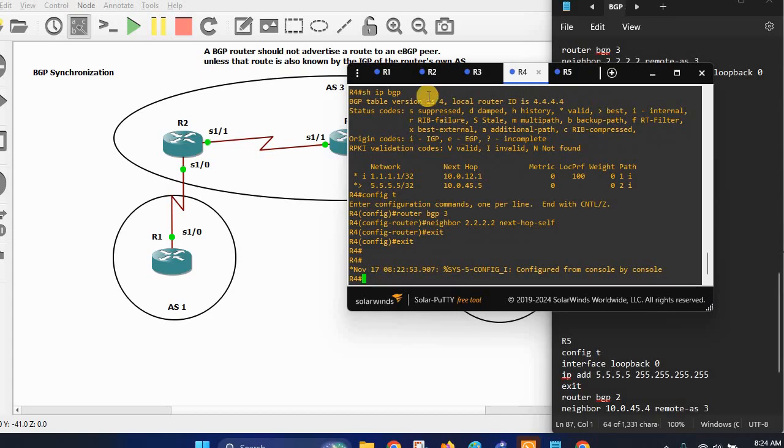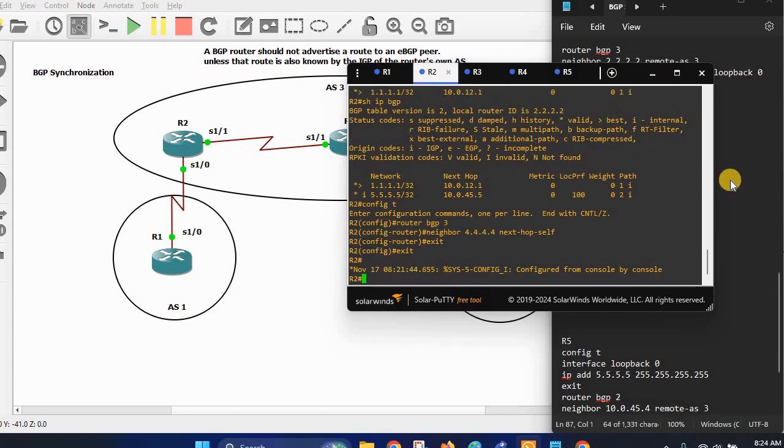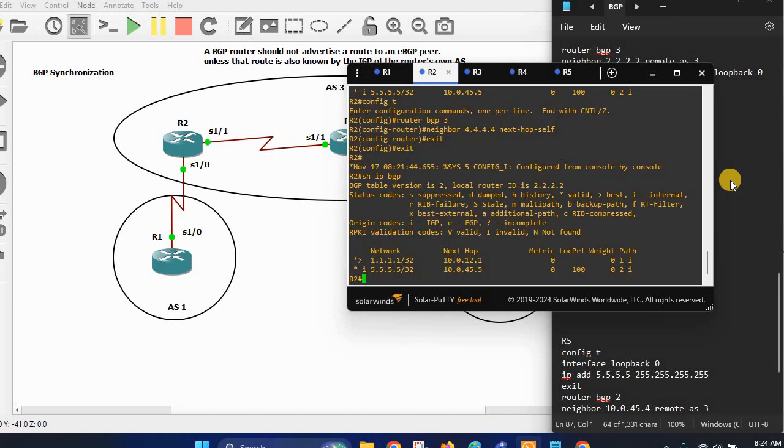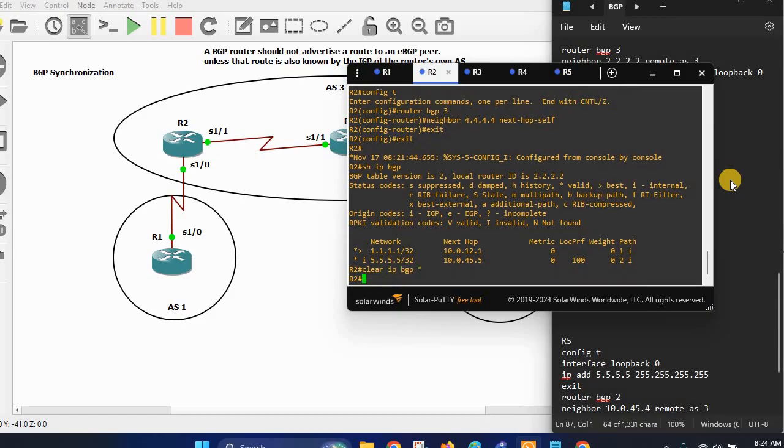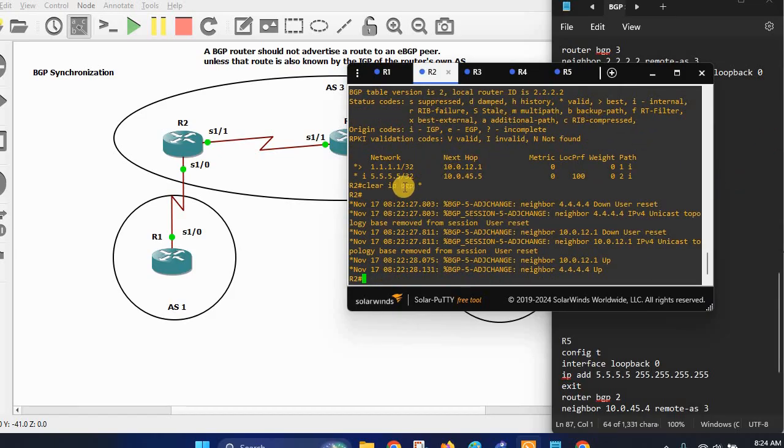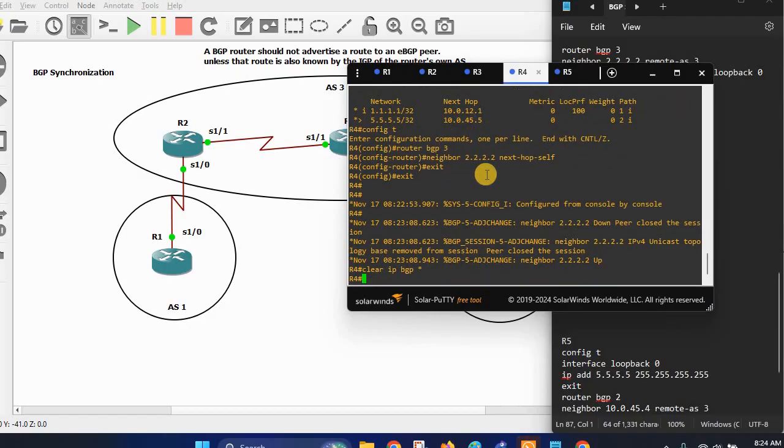Okay, after that now we will see the same BGP update. So show IP BGP, need to clear the BGP session. If the BGP session is cleared it will take a little time, but we will get the correct result.